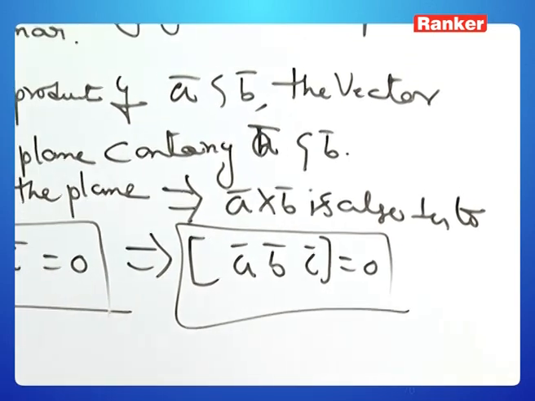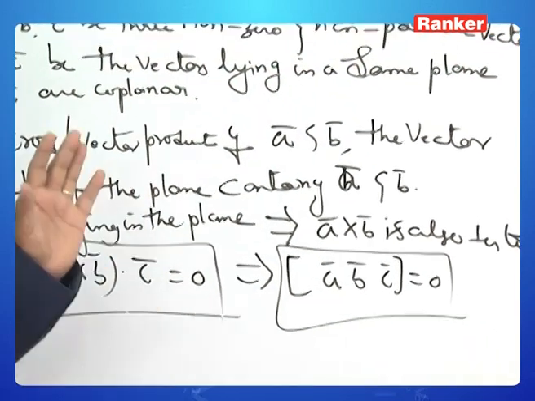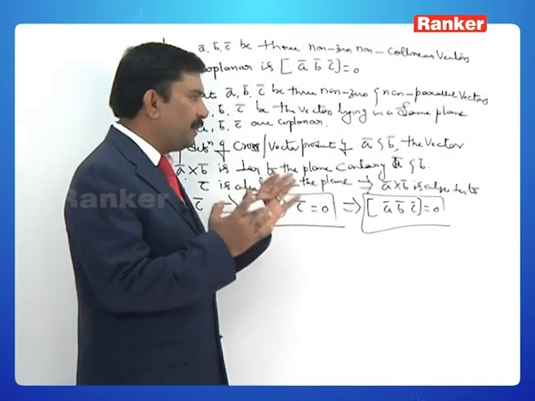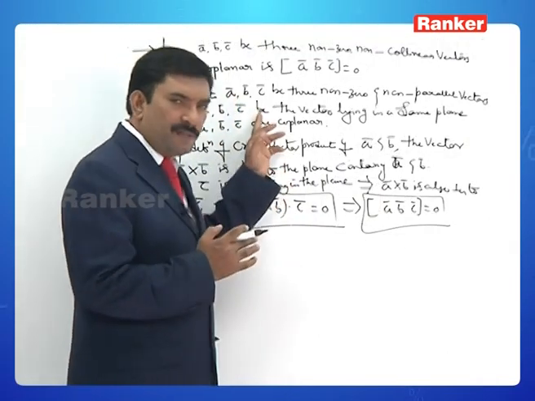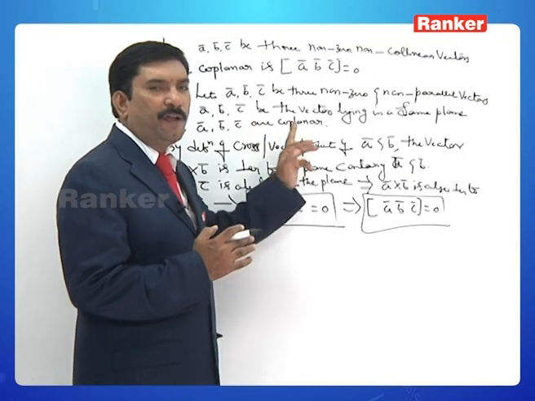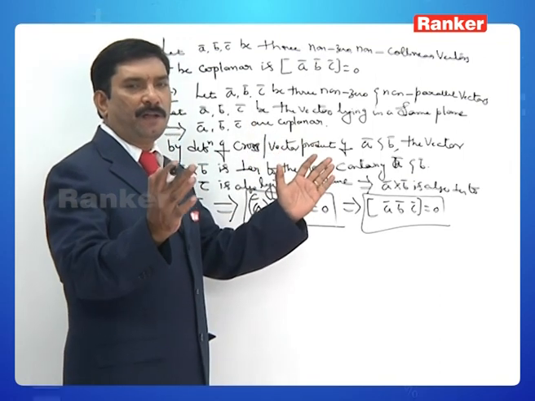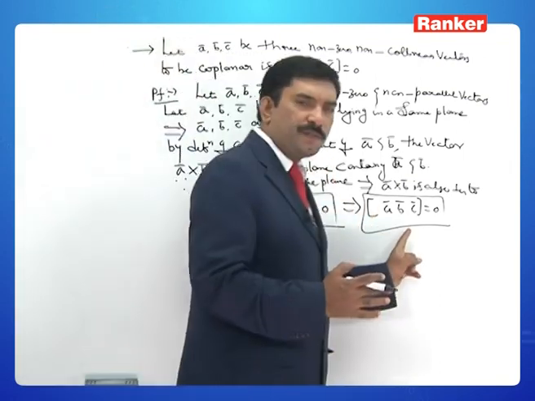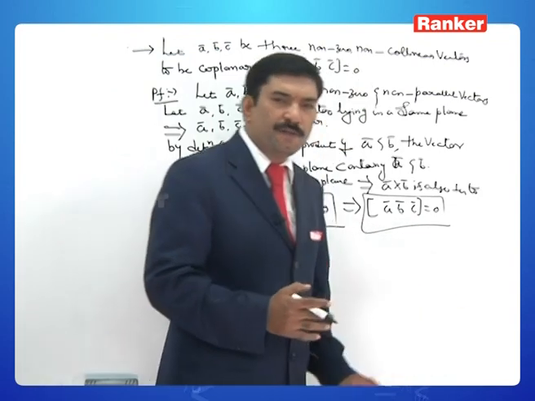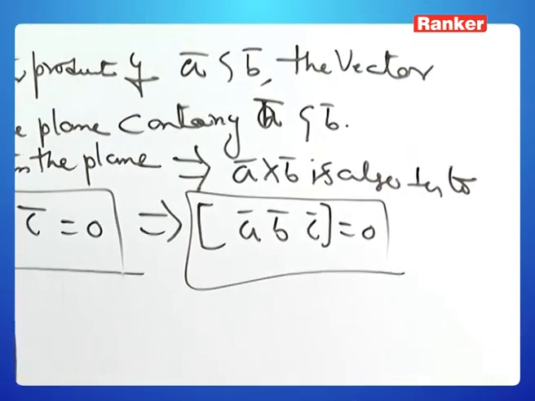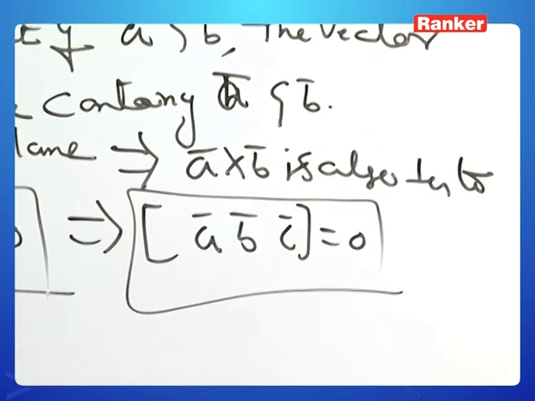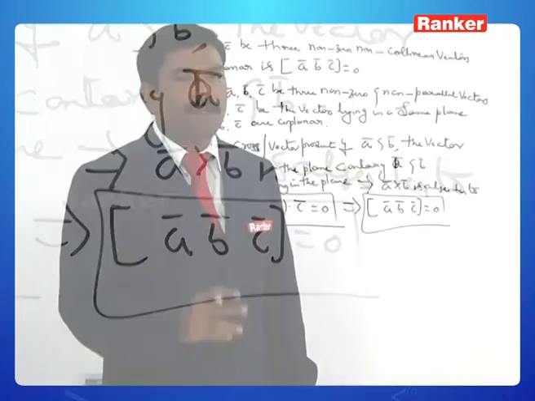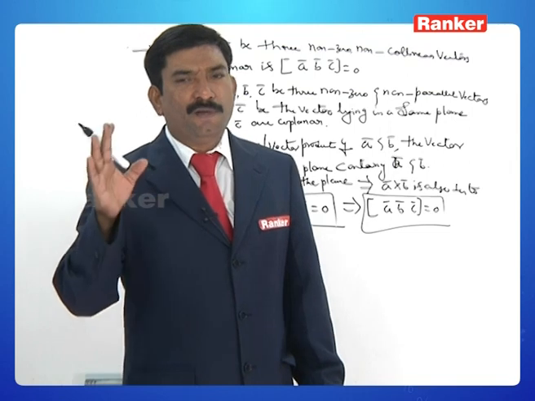You observe the way in which we are working. We have considered A bar, B bar, C bar as coplanar. We could prove box of A bar, B bar, C bar is equal to 0. It means that the necessary condition for any three vectors to be coplanar is box of A bar, B bar, C bar is equal to 0.